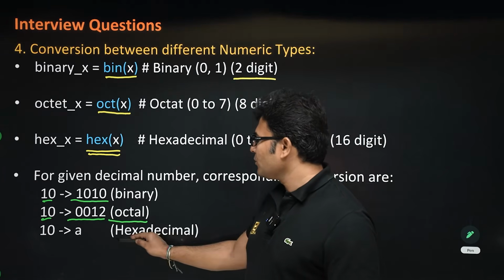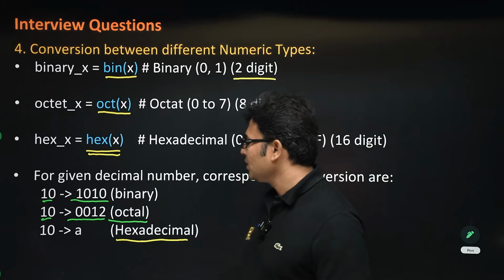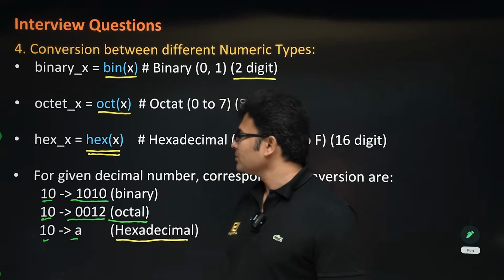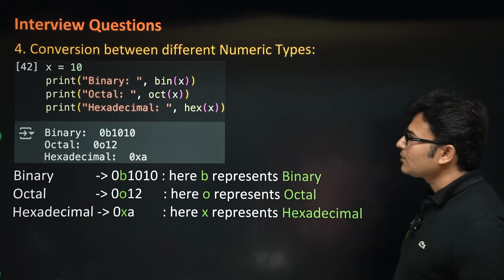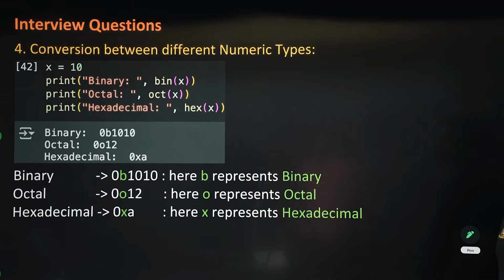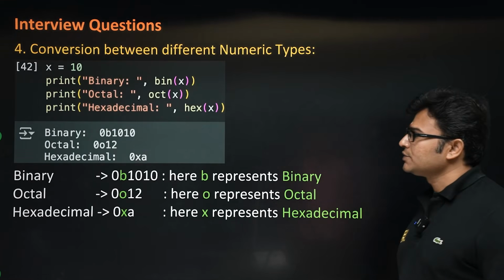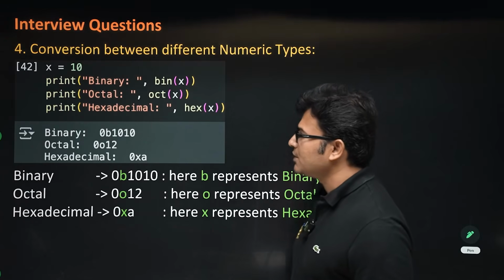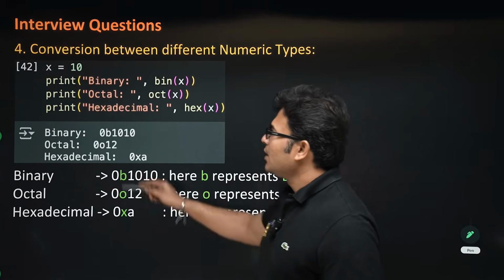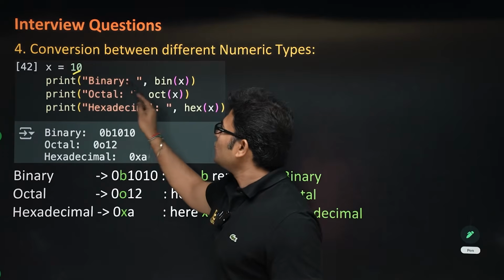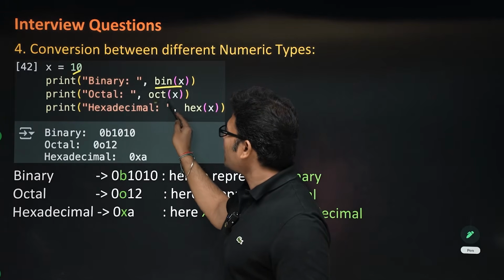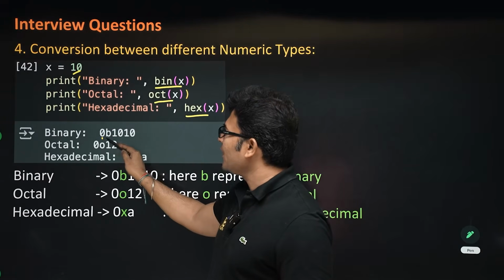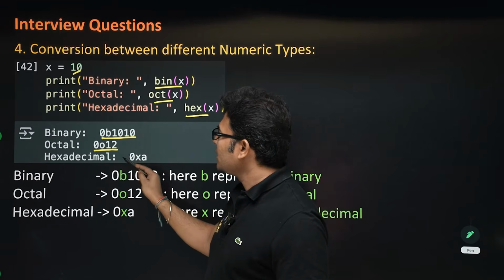If you convert into hexadecimal, 10 will become A. You can see this as an example: if x is equal to 10, you can write bin of x, oct of x, hex of x, and you are going to get binary, octal and hexa.